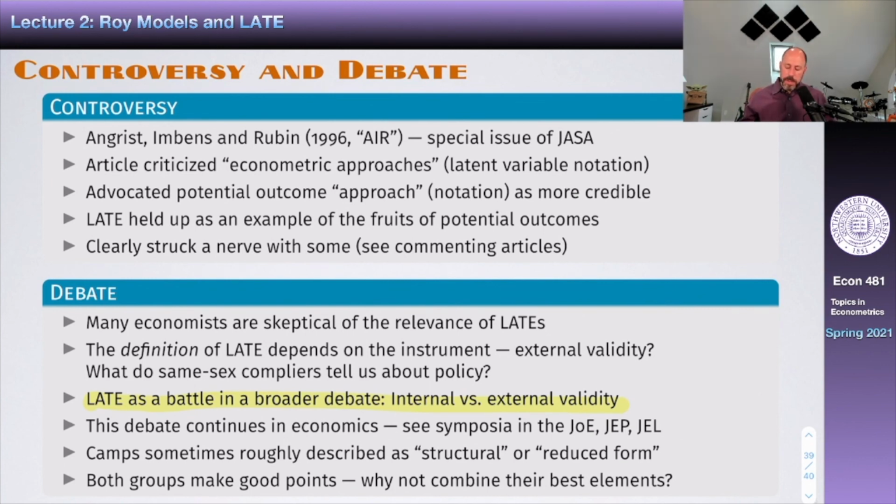Sometimes people, and this is the last thing I want to say today, probably, refer to this as structural versus reduced form. I think this is misleading, personally, and I think that all this is structural. Everything that we talk about today, and even LATE, is structural.